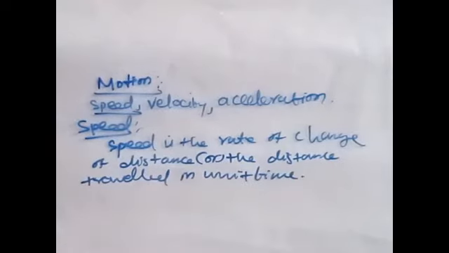So this is the expression for speed. Speed is the rate of change of distance, or the distance traveled in unit time, from the starting point to the ending point within a particular time period.